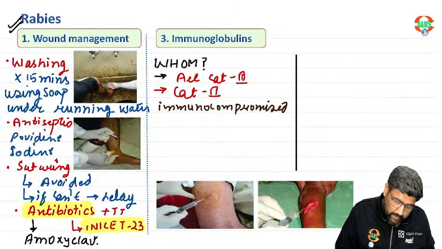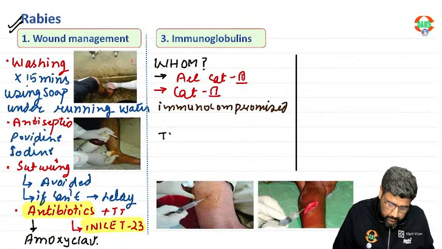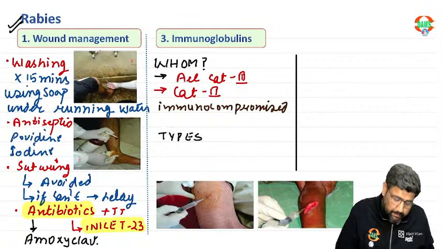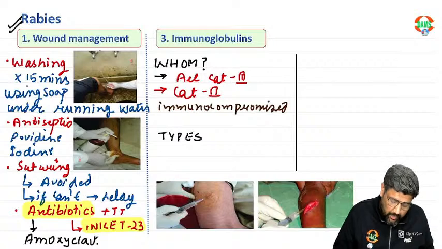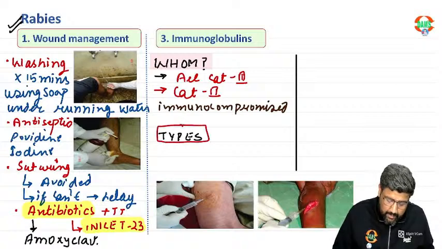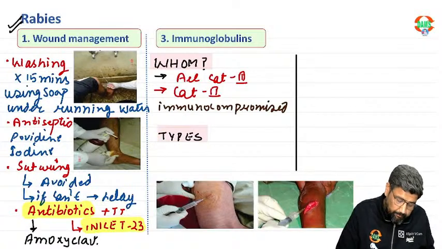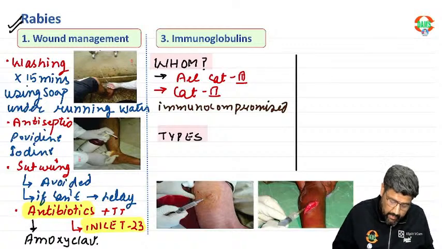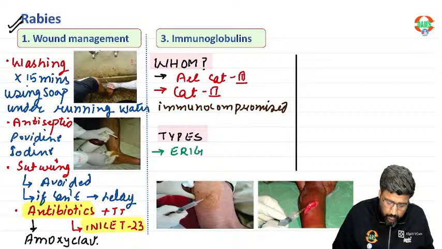Now, there are two types of immunoglobulin available in Indian markets right now. These two types are equine immunoglobulin and human immunoglobulin.